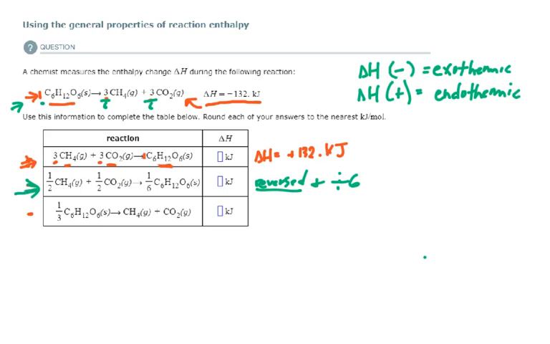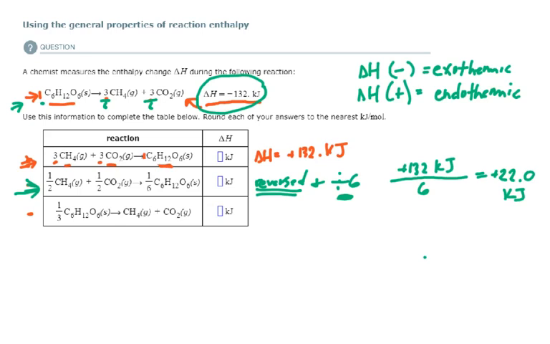Well, we know it's going to be this, and because I reversed it, it's not going to be negative 132 kilojoules, but positive 132 kilojoules. And also, I reduced the amount of matter in this process by a factor of 6, so it'll be positive 132 kilojoules divided by 6, which will give me positive 22. And I'm going to keep 3 significant figures, so 22.0 kilojoules.